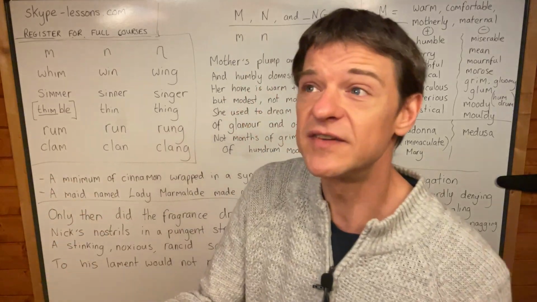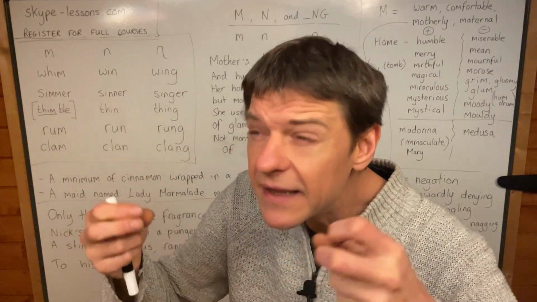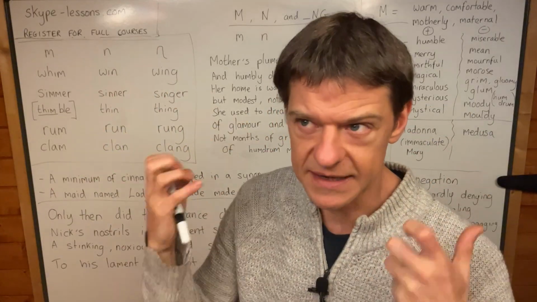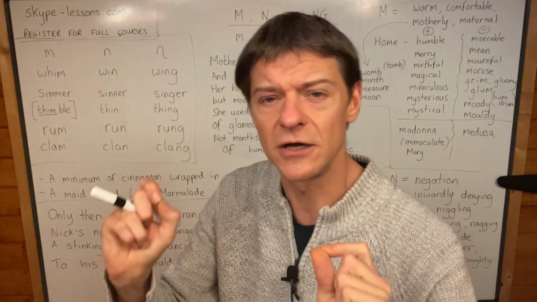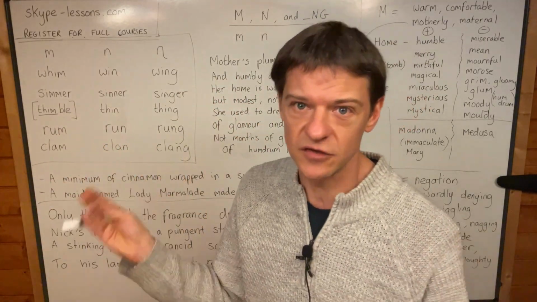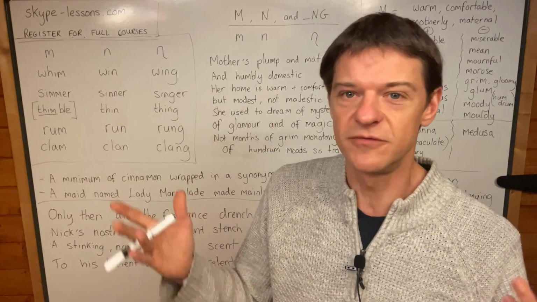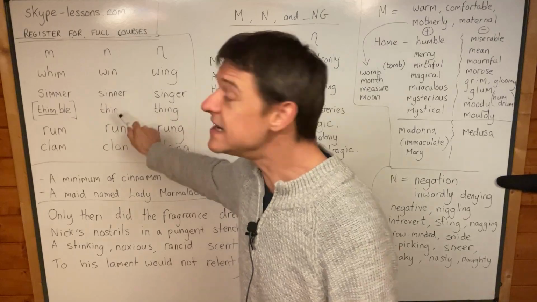Simmer. If you simmer something, you are lightly boiling it. You're doing it so it's bubbling, but it's not violently boiling. It's just on the cusp of boiling, on the verge of boiling. That is to simmer something. So very often if you're cooking soup, you might need to simmer the soup for 10 minutes or 20 minutes or whatever. Simmer. Sinner.